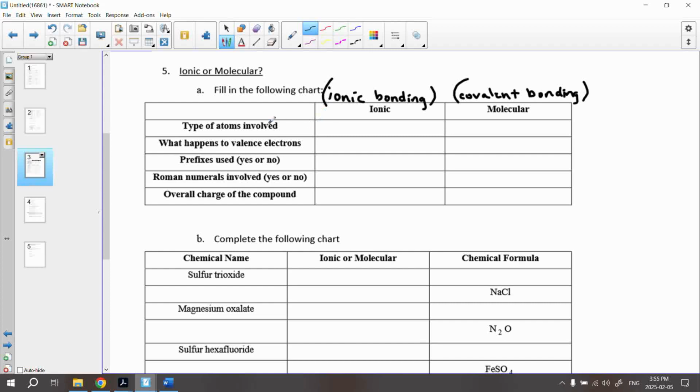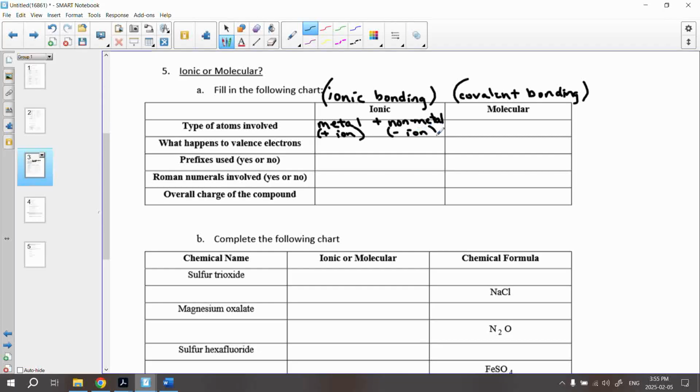So with ionic bonding or ionic compounds, the types of atoms involved are generally a metal with a non-metal, but it's a little more inclusive to say a positive ion with a negative ion, right?